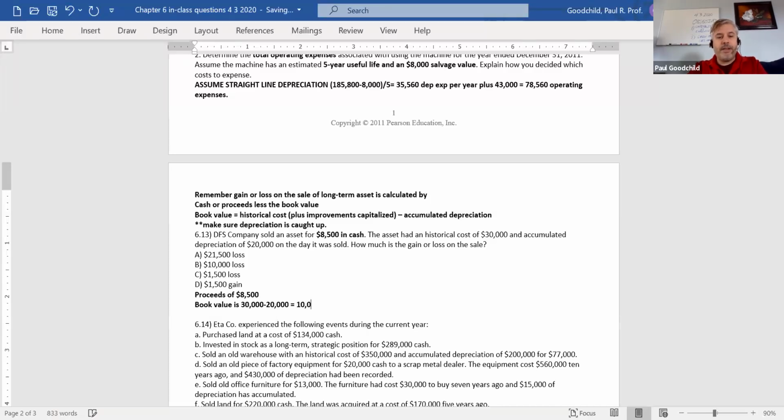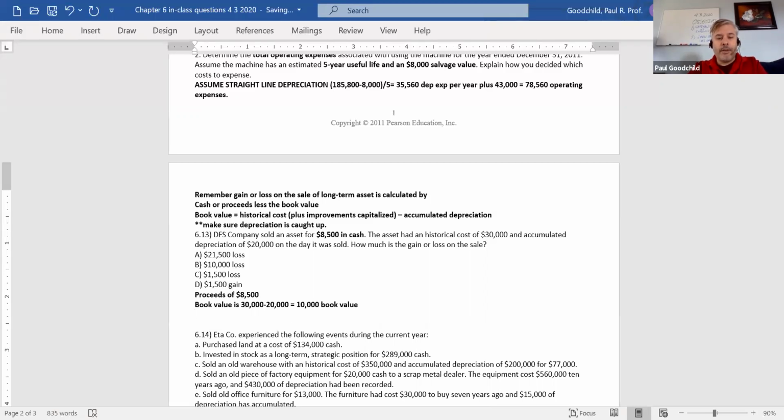And so we have a $10,000 book value. So 8,500 minus 10,000 book value equals minus 1,500, and that is a loss. And so C, we have loss.